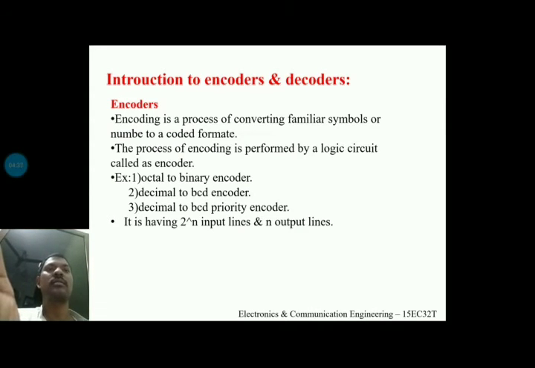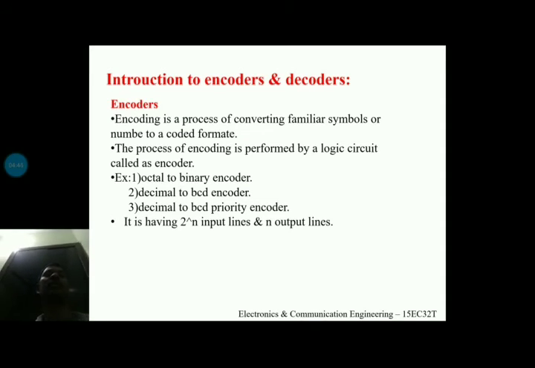The next one is introduction to encoders and decoders. See, encoding is a process of converting familiar symbols or numbers to a coded format. That means we have a familiar number which you can understand easily. If you want to convert that into a coded format, then that process is called encoding.